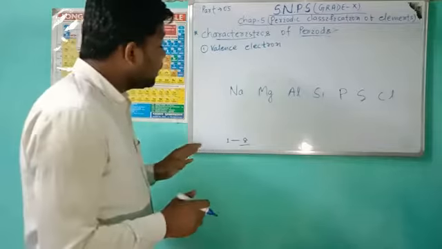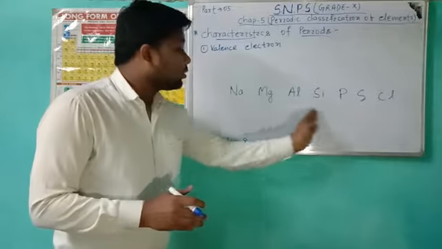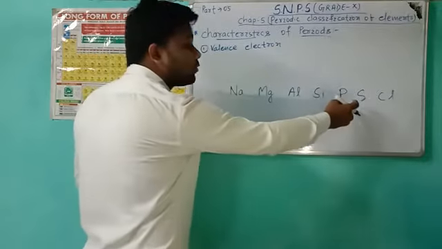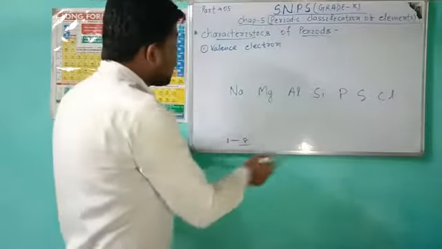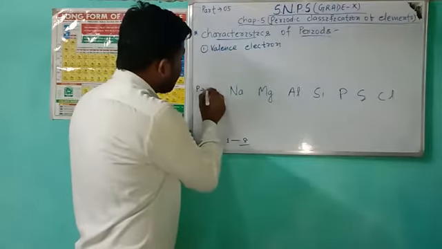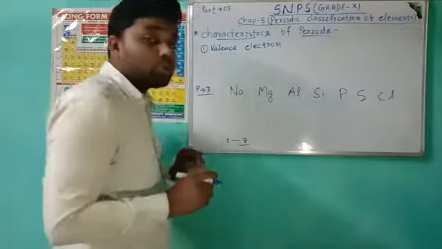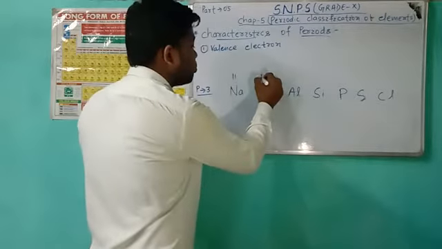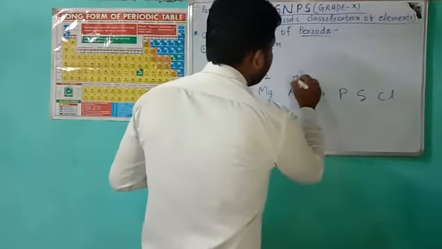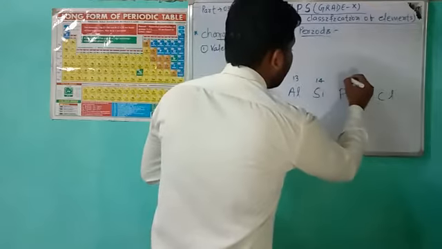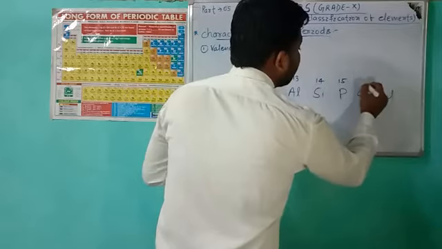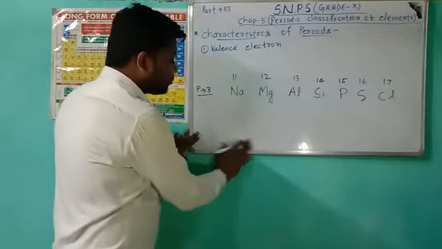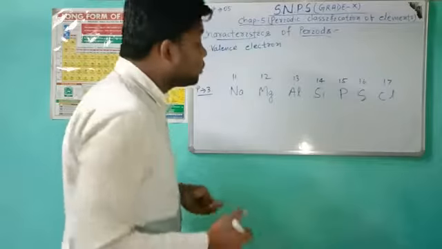And here I am taking some examples. This is sodium, magnesium, aluminium, silicon, phosphorus, sulfur and chlorine. These are the elements belonging to period number 3. So the atomic number of sodium is 11, magnesium has 12, aluminium has 13, silicon has 14, phosphorus has 15, sulfur has 16 and chlorine has 17.